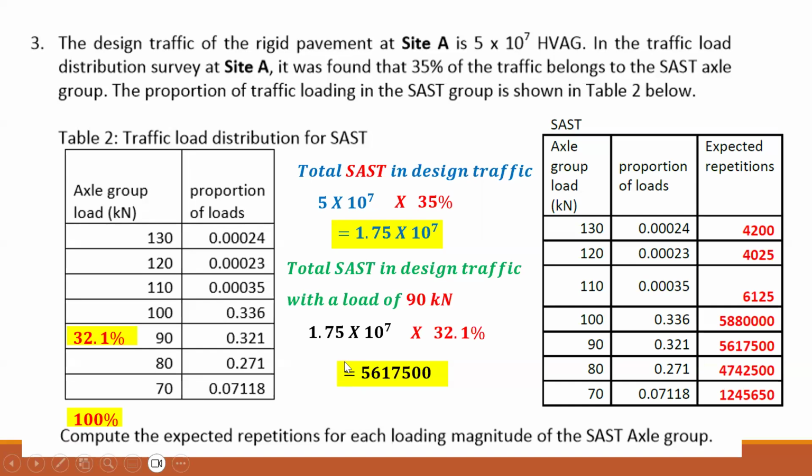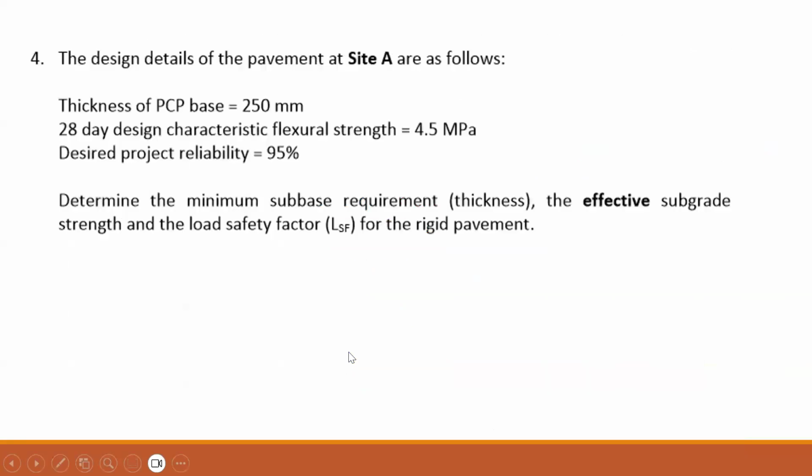Okay, now the next question is, the design details of the pavement of site A are as follows. They are saying we have a base. Do you remember the layers of the rigid pavement? We have sub-base, we have the base, and we have subgrade. Am I right?